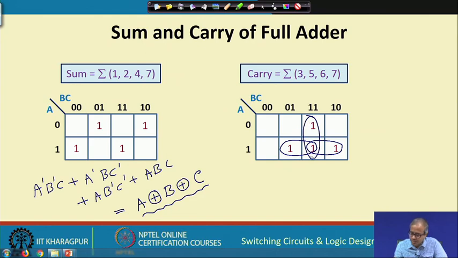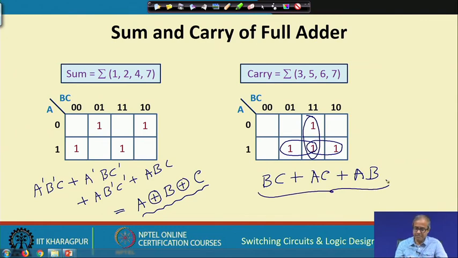Taking this one, A is cancelled, only B C, this is B C, plus this one, A is 1 and 0 1 1 1, so it is C, and the last two, again A is 1 and 1 1 1 0, which is B. This is the minimized expression for carry. So, for a full adder you can try this minimization procedure and get the minimum possible realizations.